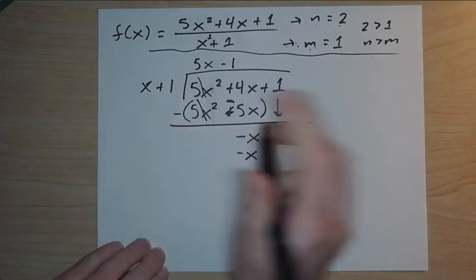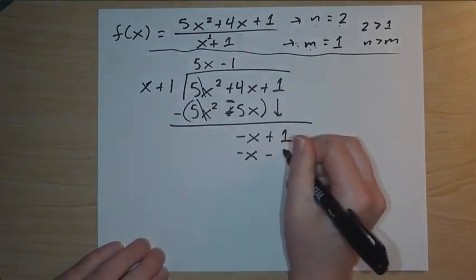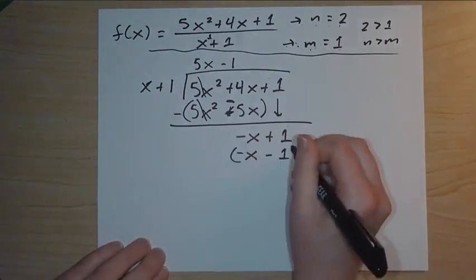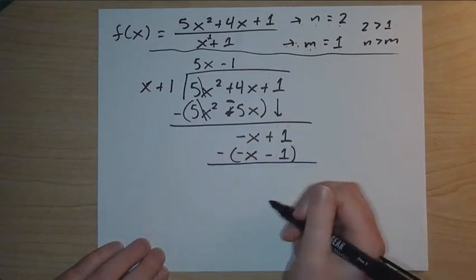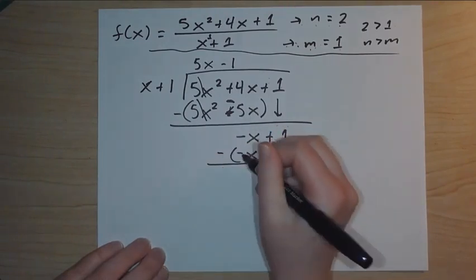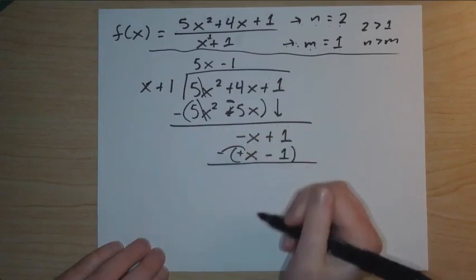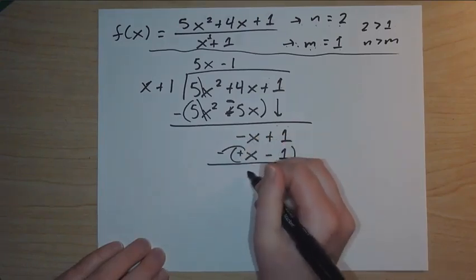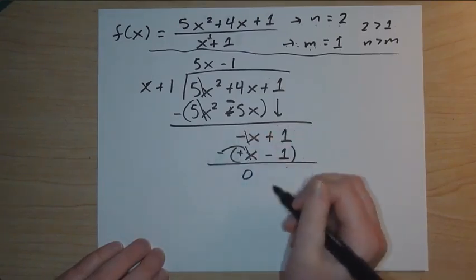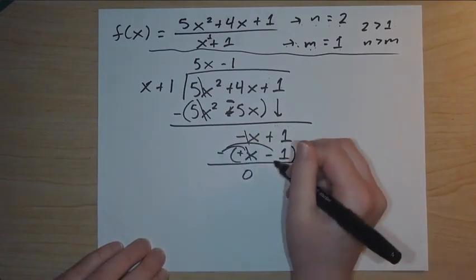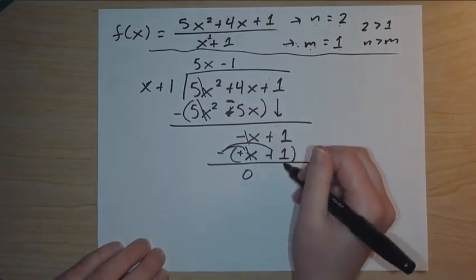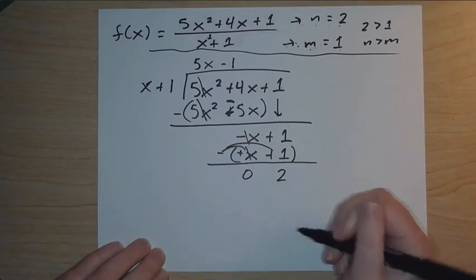Negative 1 times 1 is negative 1. And we're going to subtract the entire thing. So this is going to be positive x. Negative x plus x is 0. If we multiply this by negative, it's going to be positive. 1 plus 1 is 2.